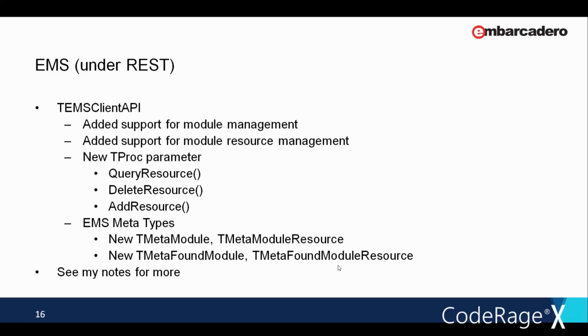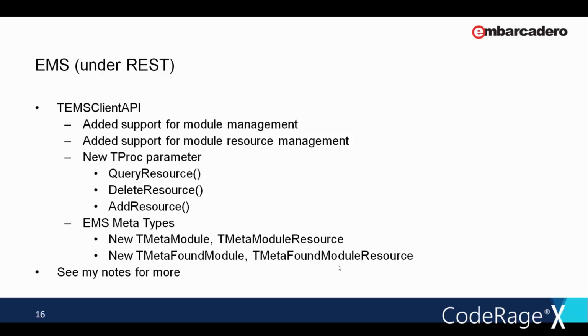And then I actually moved this out of order from the notes that I'm going to be providing a link to at the end of this talk, but there's also an EMS folder underneath REST in the runtime library, which has the EMS client API. There's support for module management and module resource management.